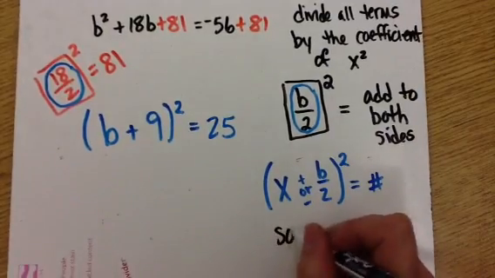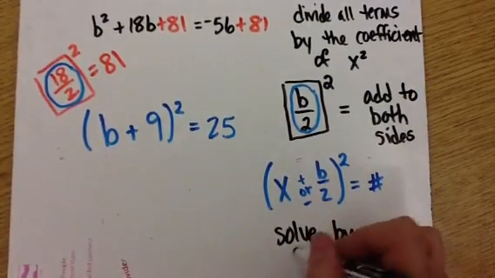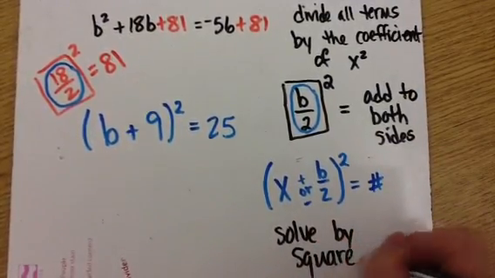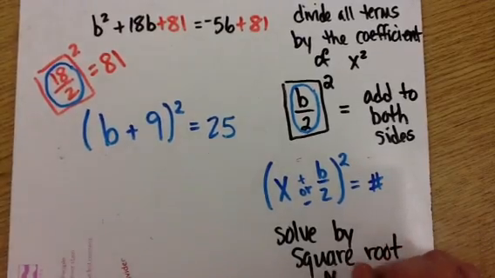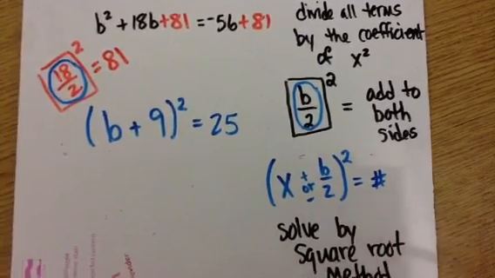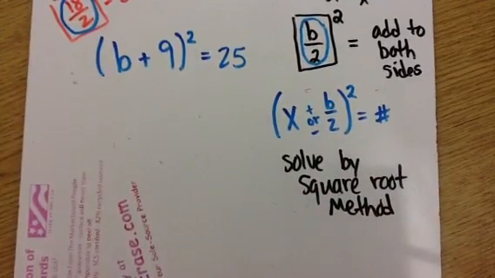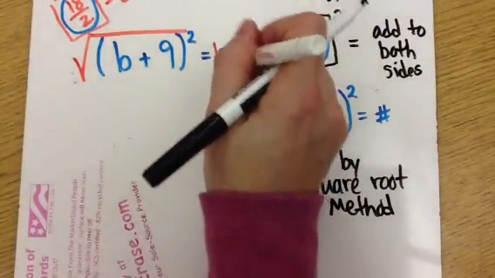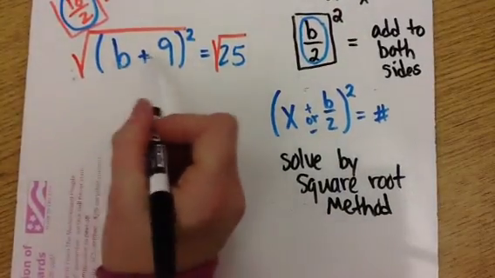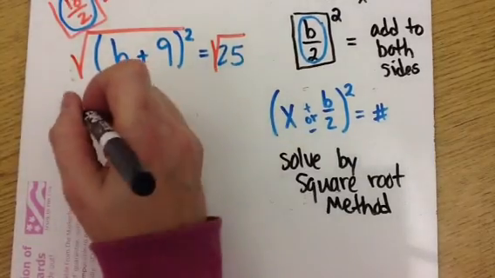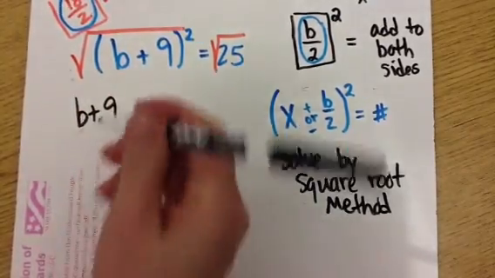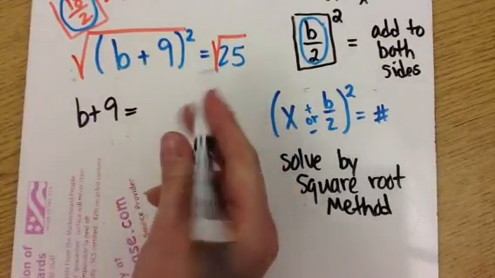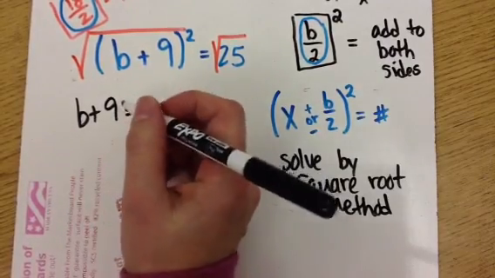And then we will solve by the square root method. So at this point, I will take the square root of both sides. And the square root of b plus 9 squared is b plus 9. So I get b plus 9 equals, when I take the square root of 25, it is plus or minus 5.